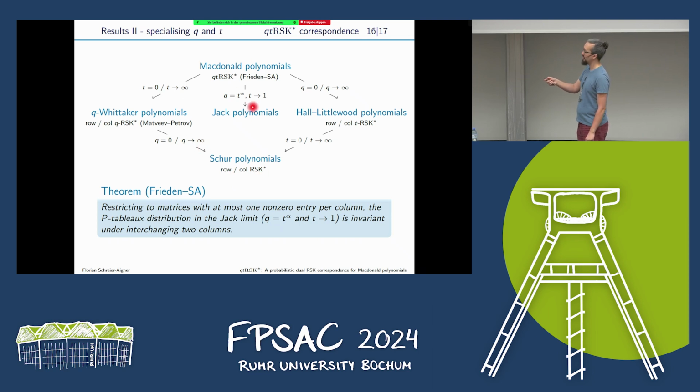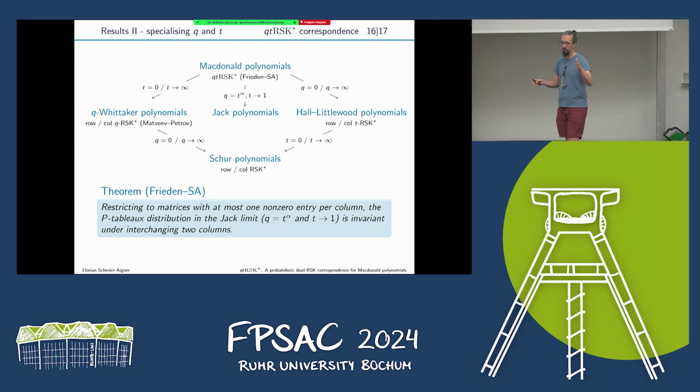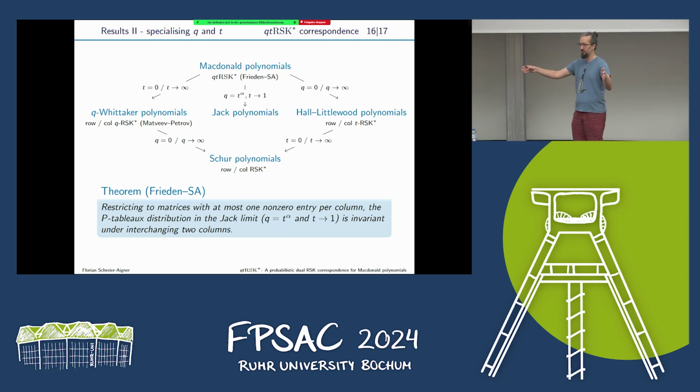But if you set Q equals T and don't specialize further, you're in this Schur polynomial limit and you're kind of stuck in between here. This is the reason I didn't draw an arrow here. You get something that is still a probabilistic bijection, which is neither row nor column insertion. So it's somewhere in the middle of this space.